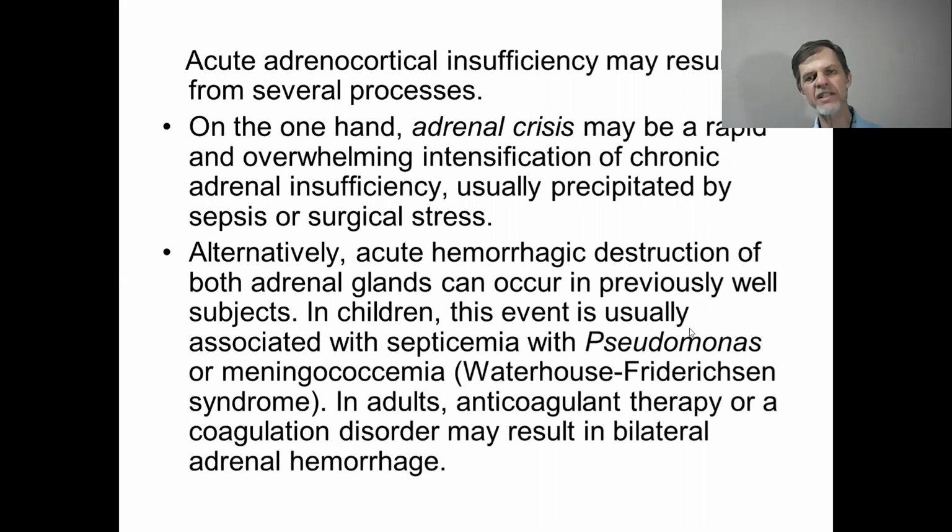In adults, anticoagulant therapy or coagulation disorder may result in bilateral adrenal hemorrhage, because adults very often use anticoagulation remedies. Just again, COVID-19. At the beginning of the epidemic, it was very popular to give anticoagulant therapy. Why?